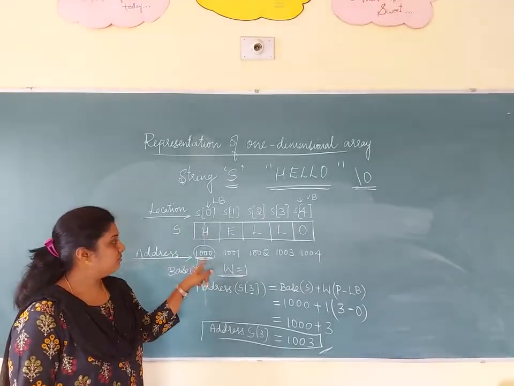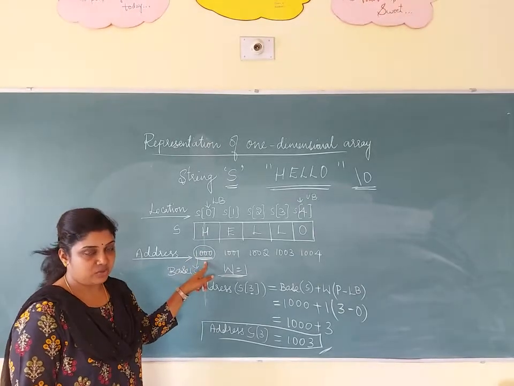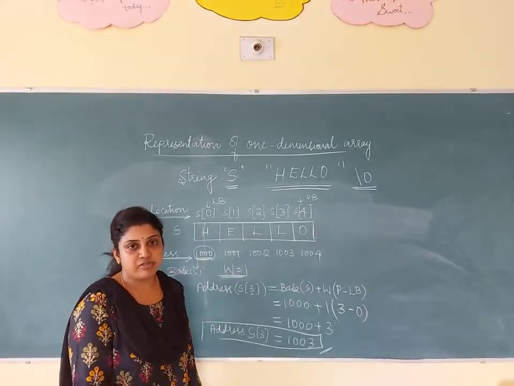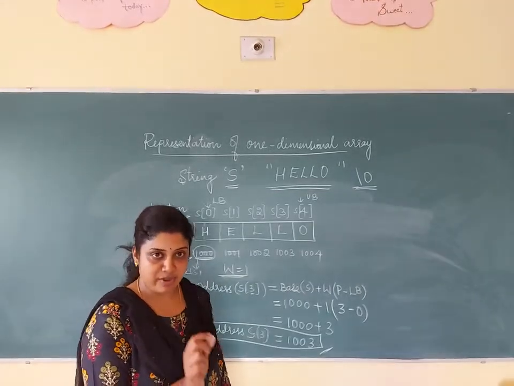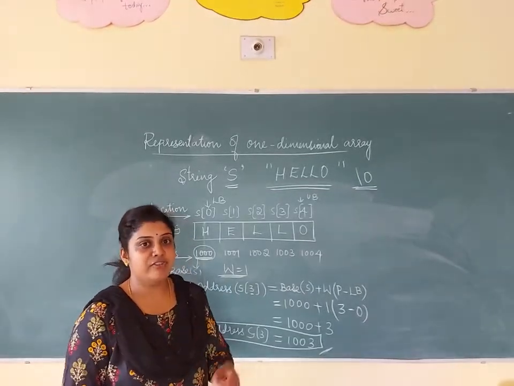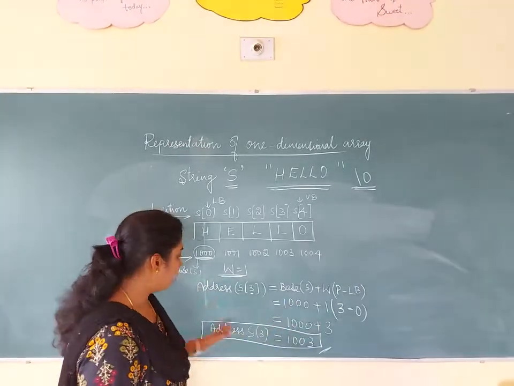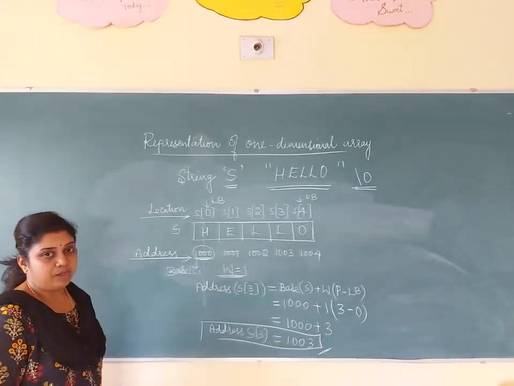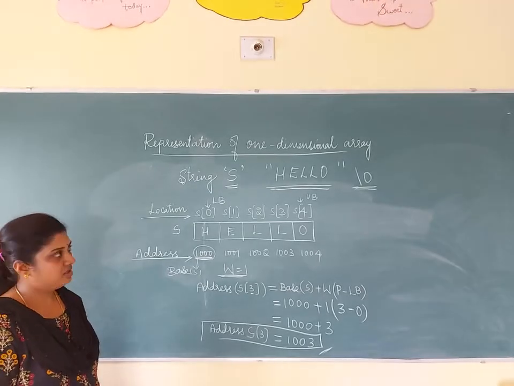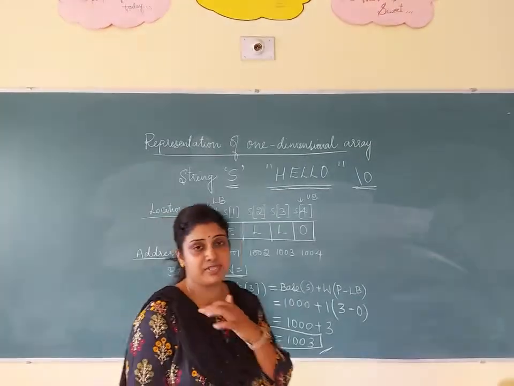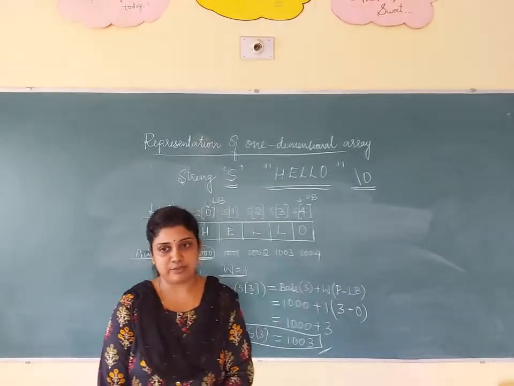According to that base address, the number of characters stored in a memory cell and their positions, you are going to find the address of a particular element. Like this, you find the address of an element.